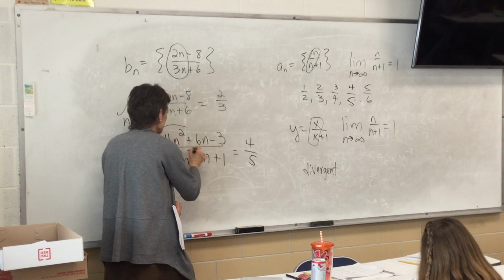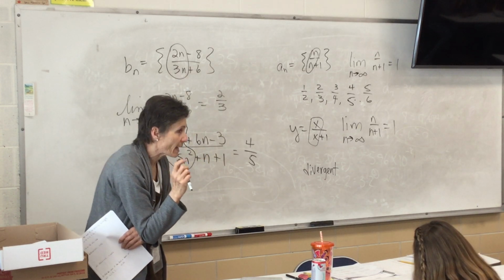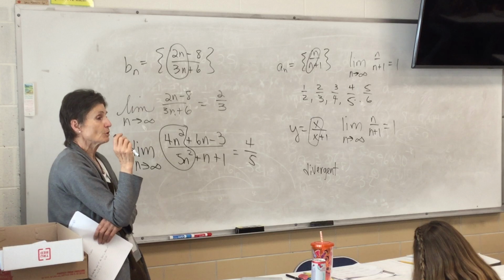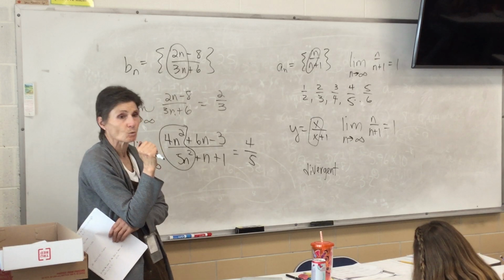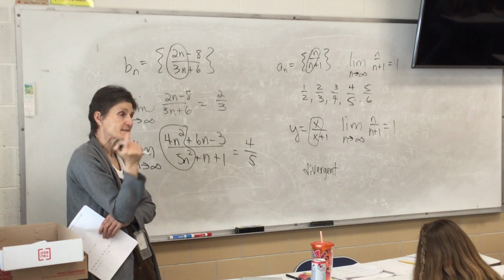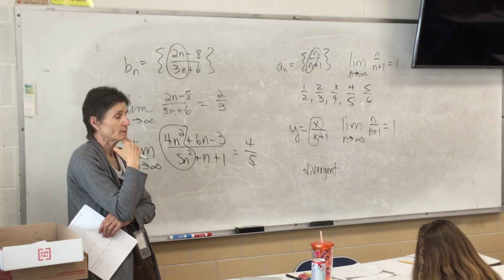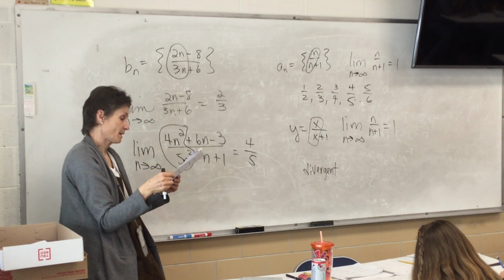The highest power of the variable is all you look at. So all you look at is the n squareds. That is exactly what we did with horizontal asymptotes, guys. I hope it looks somewhat familiar.